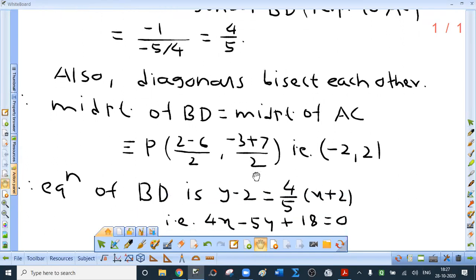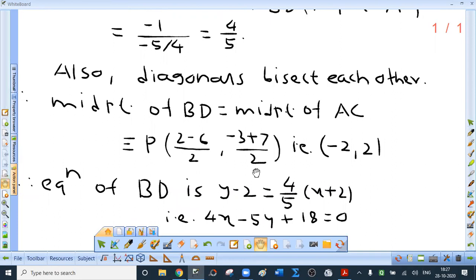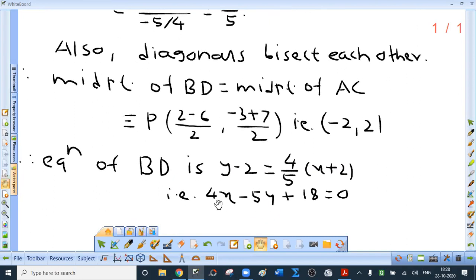So what is the equation of BD? y minus 2 equal to 4 upon 5 into (x plus 2). That is 4x minus 5y plus 18 equal to 0. It is better that you write this answer separately. Answer: the diagonals of the rhombus are 5x plus 4y plus 2 equal to 0 and 4x minus 5y plus 18 equal to 0.